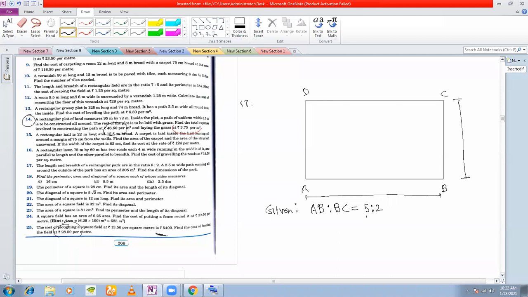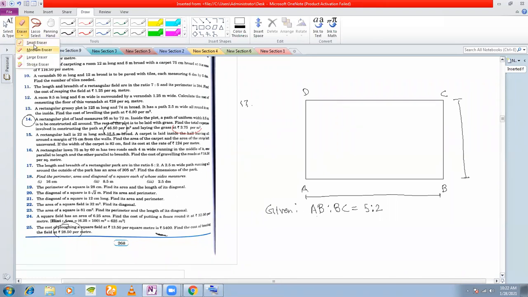This is the higher number, that is why I've taken the length first, AB. Remember this. So AB is to BC is 5:2. A 2.5 meter wide path running all around the park outside the park has an area of 305.